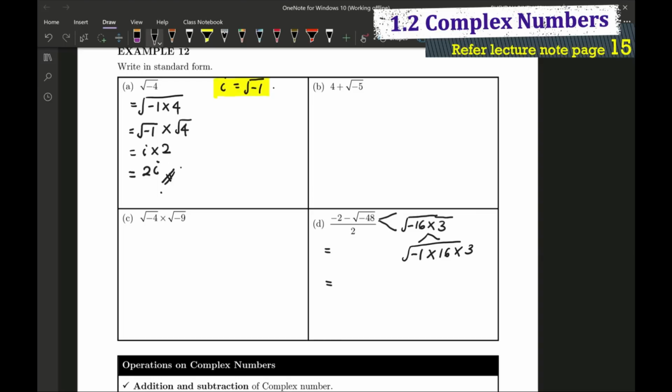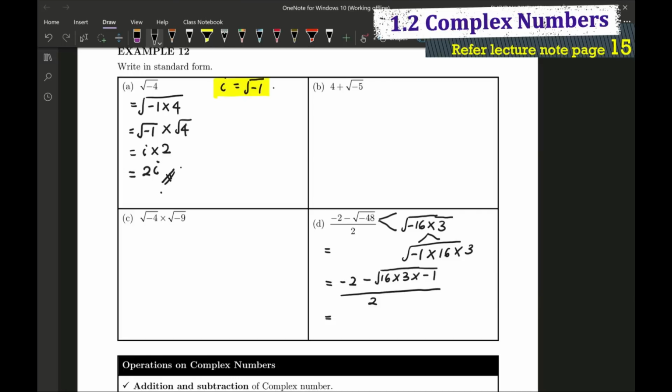So this one will be negative 2 minus, okay, I want to put negative 1 at the back. So this one becomes 16 multiplied by 3 multiplied by negative 1, because we know from our definition the square root of negative 1 is equal to i.